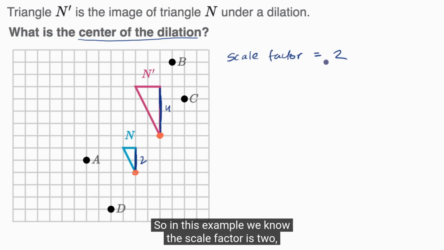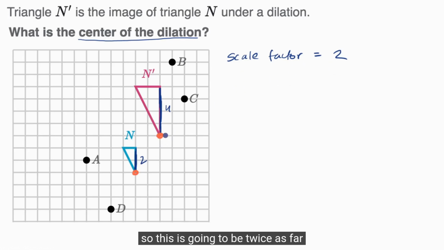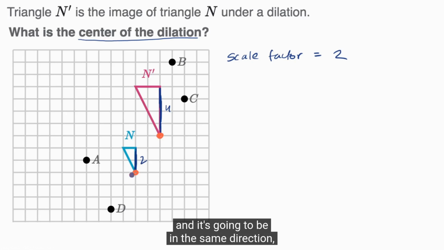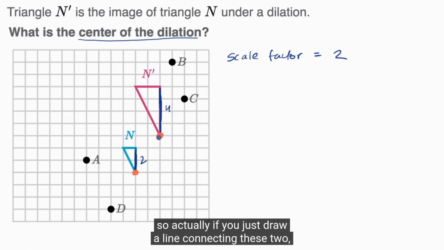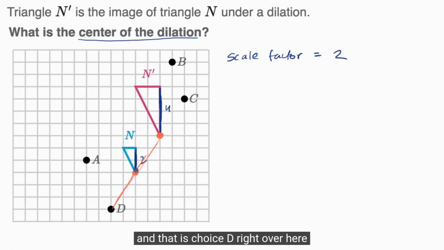So in this example, we know the scale factor is 2. So this is going to be twice as far from our center of dilation as the corresponding point, and it's going to be in the same direction. So if you just draw a line connecting these two, there's only one choice that sits on that line, and that is choice D right over here as being the center of dilation.